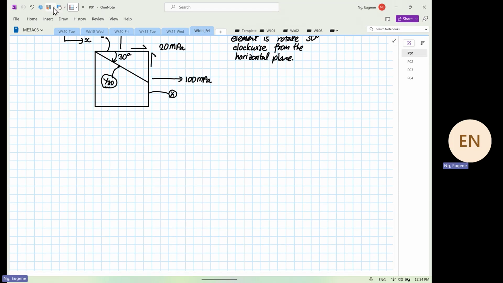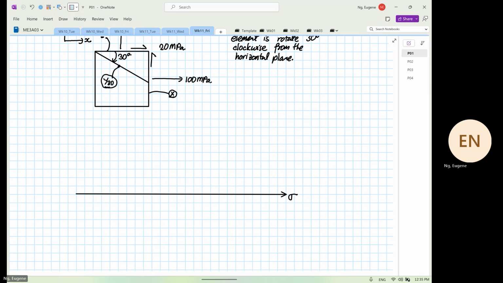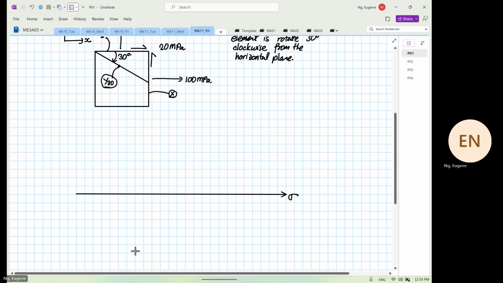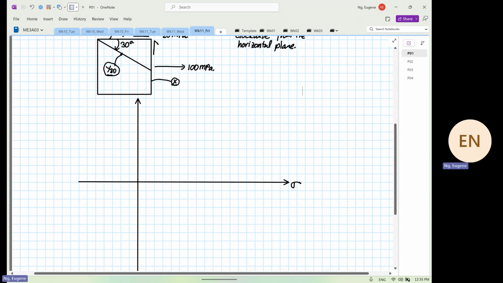Okay, so now we start to sketch Mohr's circle. The horizontal plane is our normal stress, and our vertical plane is our shearing stress. Okay.